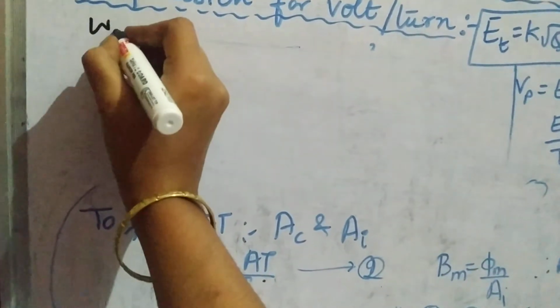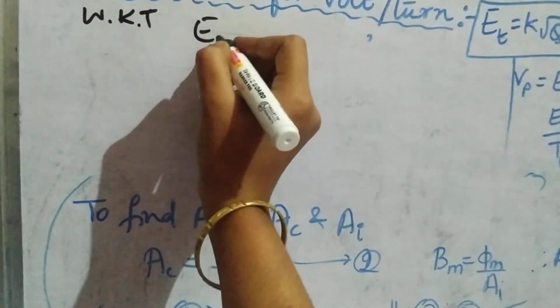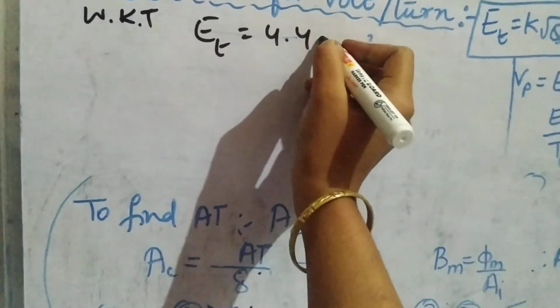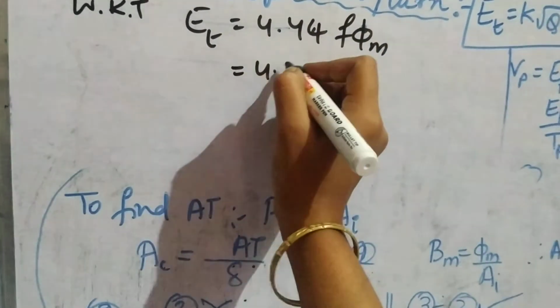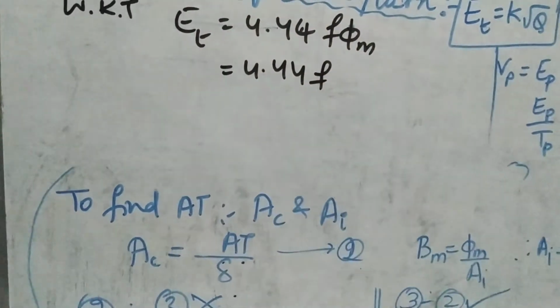We know that ET is equal to 4.44 F into psi m. So it is 4.44 F into, what is psi m we got?